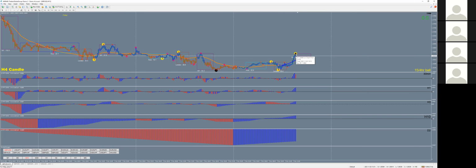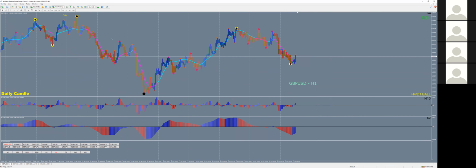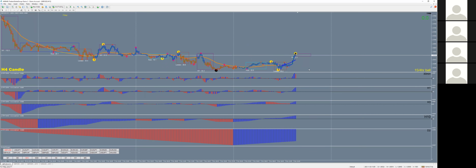Now we do have a 4-ball forming. We have a 1-ball. So we're looking for a retracement and then the continuation. So this could be a retracement play. So put that to the side, pound dollar. At least for this session, maybe a retracement trade.